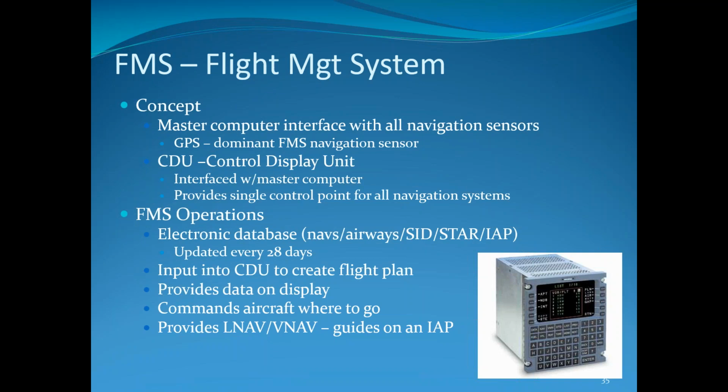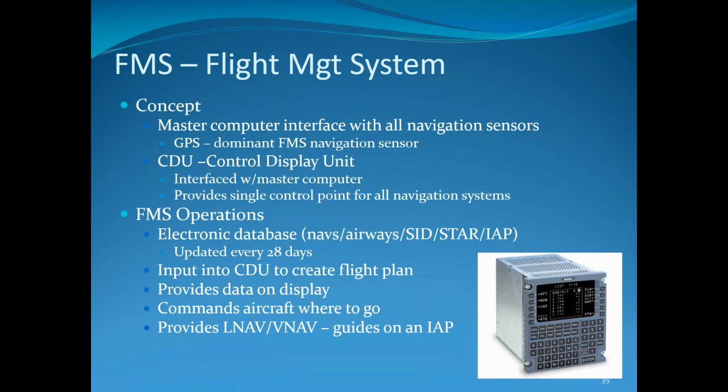That means the 28 days were up, it was supposed to be updated, and it didn't get updated. So you'll see the FMS labeled as inoperative. They can't use it because it's outdated. All they've got to do is get the company that services it to hurry and hook up their computer and update it. It takes like 5 minutes, but sometimes it goes over the 28 days.